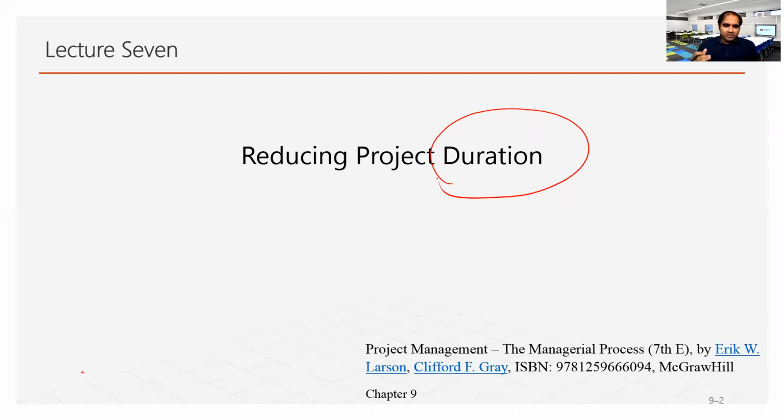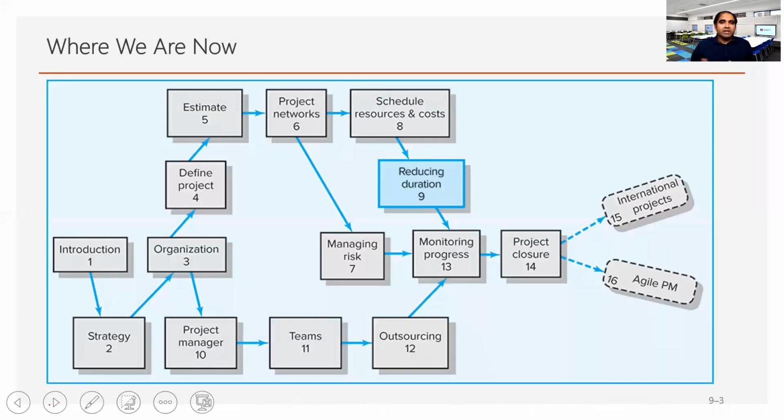The critical path gives us the minimum duration that a project must need to complete. So today we'll see how we can crash that. I mean, how we can reduce the duration even from the critical path.